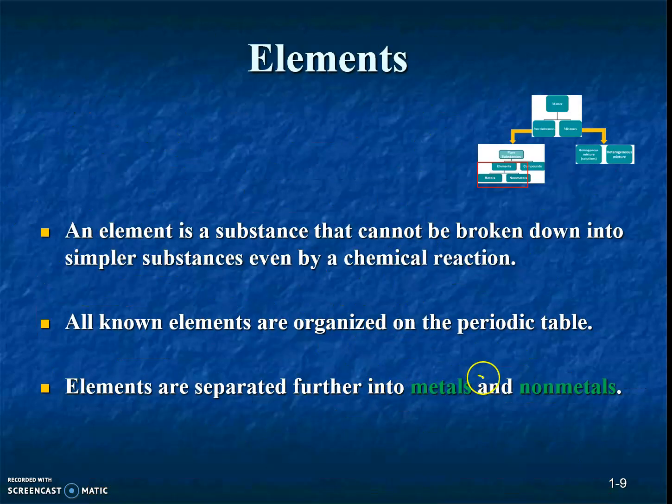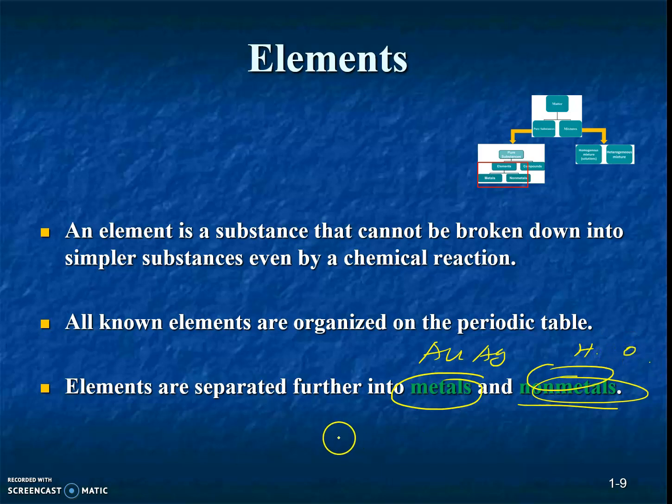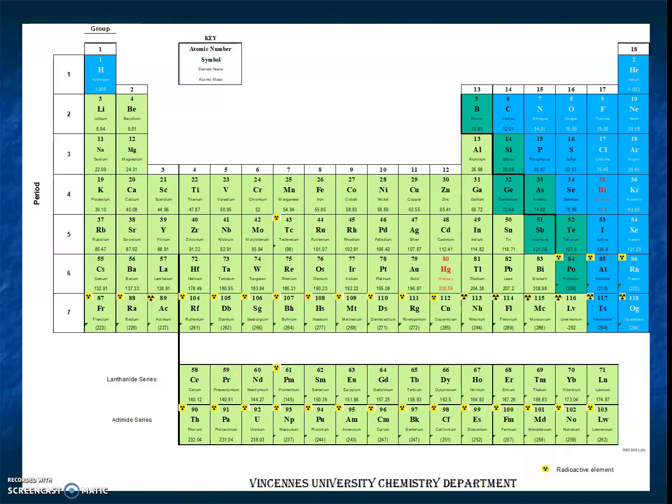And inside element, we know that it can be metal or non-metal. I already gave you examples: gold, silver, and non-metals hydrogen, oxygen. All known elements are organized in the periodic table. So far we know 118 elements. They are organized in the table into rows and columns. Each column is called a group.